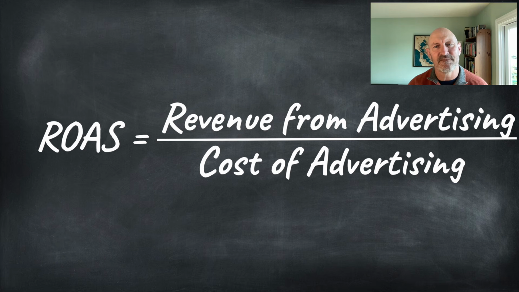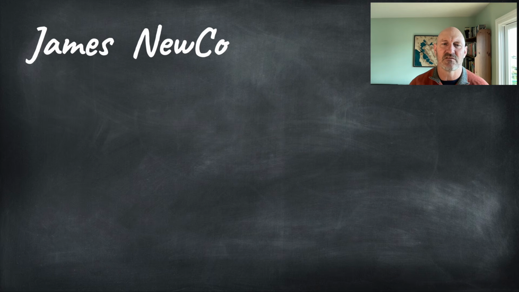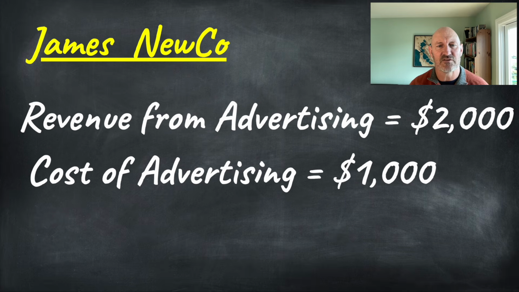I'm going to use a fictional advertiser, James Newco, who just starts out and starts spending $1,000 on advertising as an example. They look at their sales for the first month and they got $2,000 in sales from their $1,000 of advertising budget. If it's a new business, you might expect that all of those sales are a direct response of the advertising dollars that were spent.